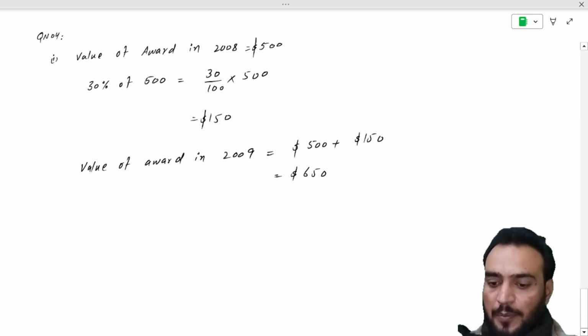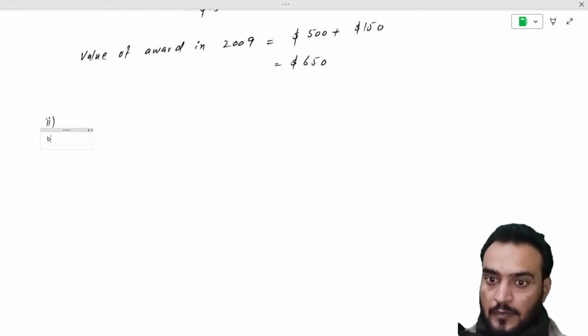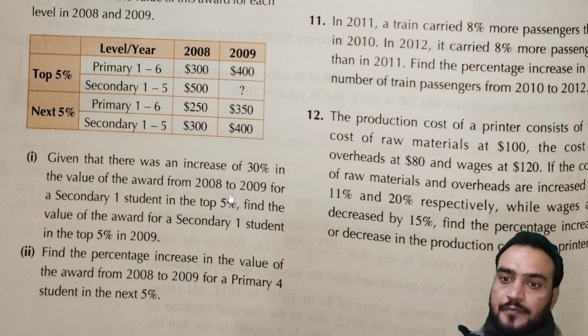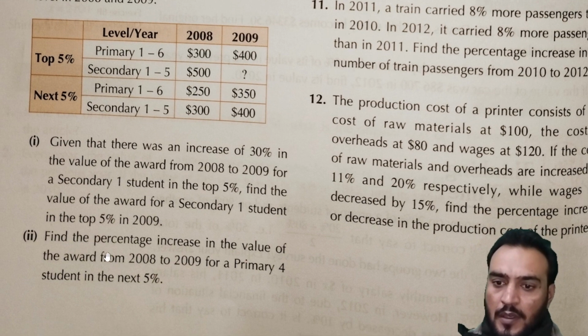Now we will solve part two of this question. Part two is this one. Find the percentage increase in the value of award from 2008 to 2009 for a primary 4 student in the next 5%.